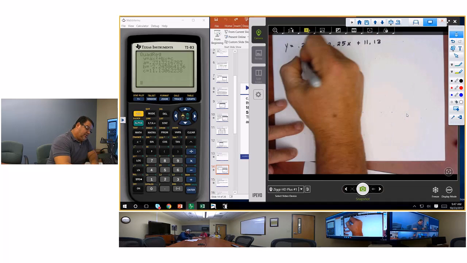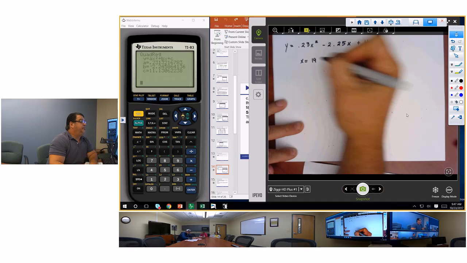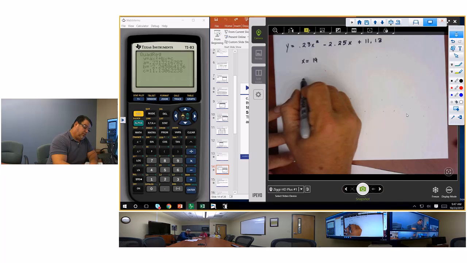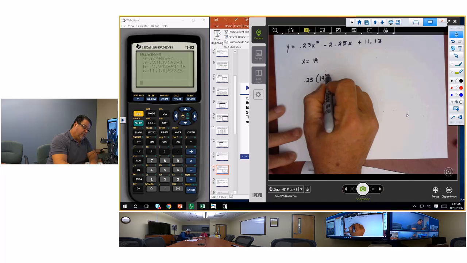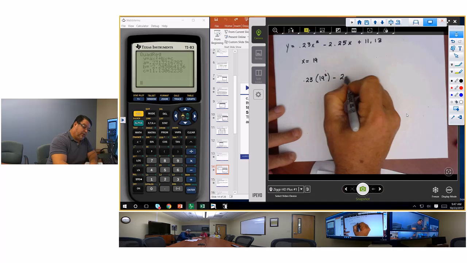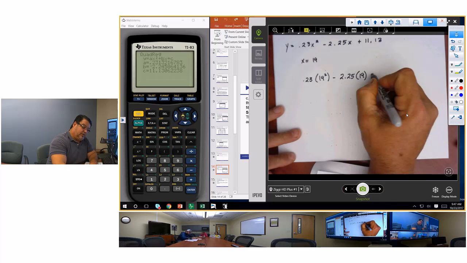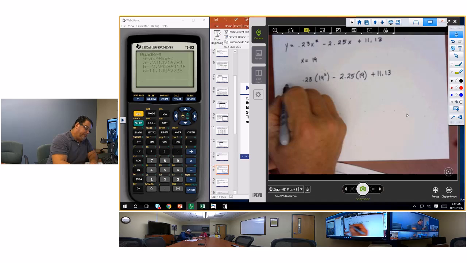And x is equal to what? 19. So plug and chug. 0.23 times 19 squared minus 2.25 times 19 plus 11.13. Calculate that out and see what you get.